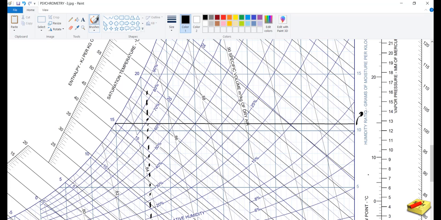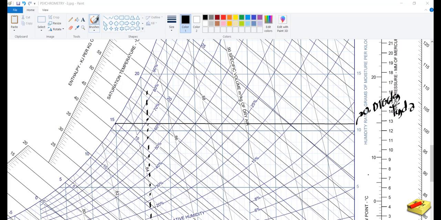So we can assume 0.106, since it is in between of this one, that is 10, then this will be 11, 12, 13, 14, 15. So the units are kilogram per kilogram of dry air. It is not very accurate when you do calculation, but by using the psychrometric chart we can determine it also.